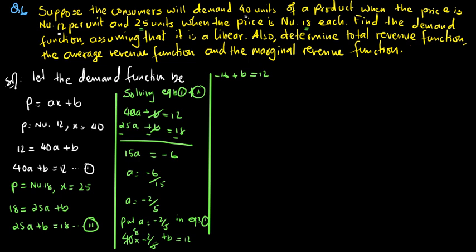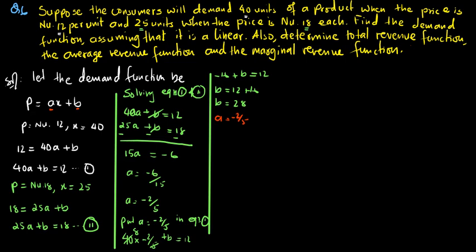Now take negative 16 to that side, you will get the value of B. B is equal to 12 plus 16. So what's the value of B? 28. Now you have the value of B, it is 28, and A is minus 2 by 5. Now our demand function we can write here: P, substitute in place of A minus 2 by 5, in B you substitute 28.